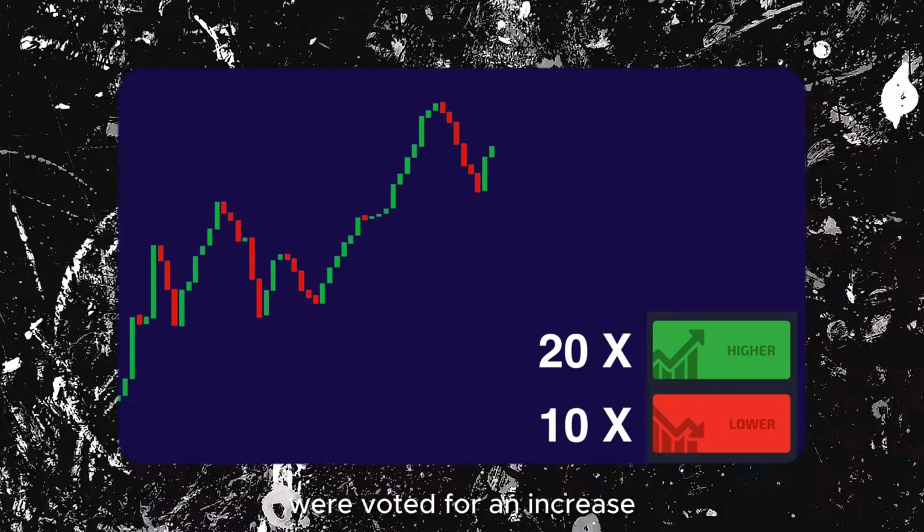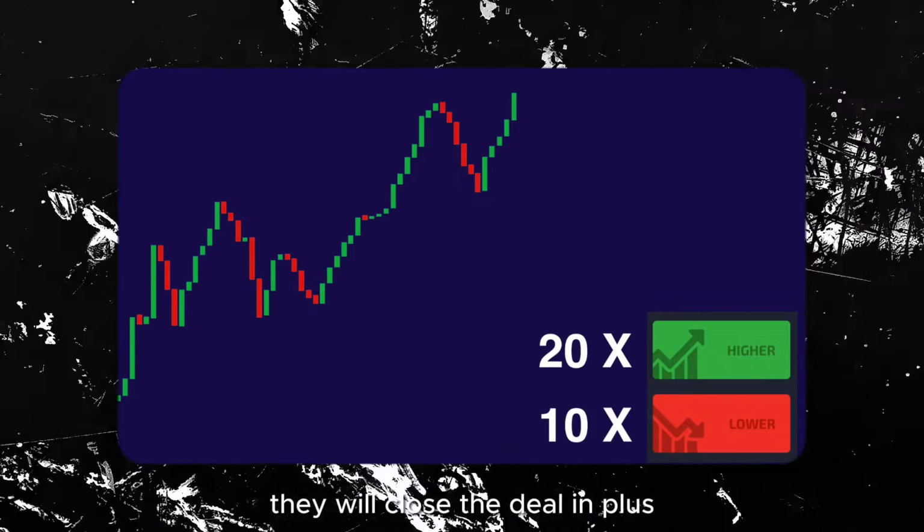But listen to this logic. If 20 people open a deal for an increase at the same time as 10 other people open a deal for a decrease, the price should go up, right? And those 20 people who voted for an increase will close the deal in plus. So here we understand that with this model of price formation, most traders will be in the black constantly, generating a loss for the broker.